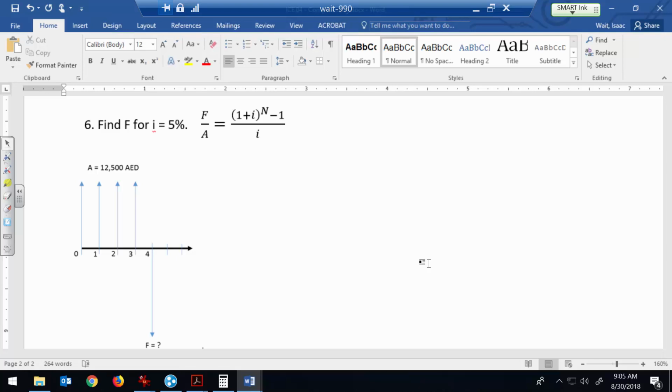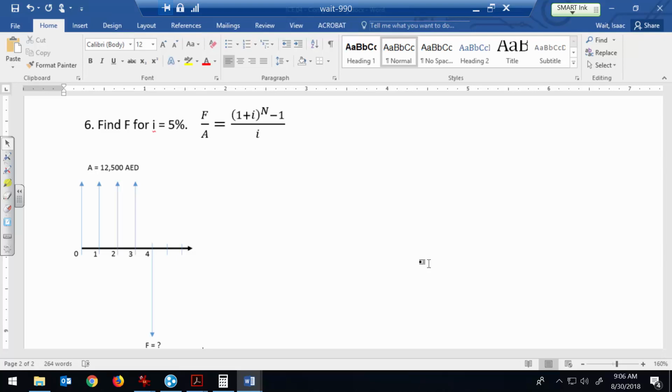And the i in this problem is 0.05. So if we solve for the F/A ratio, 1.05 to the power of 4 minus 1 divided by 0.05, the factor is going to be 4.310125. That's the factor.